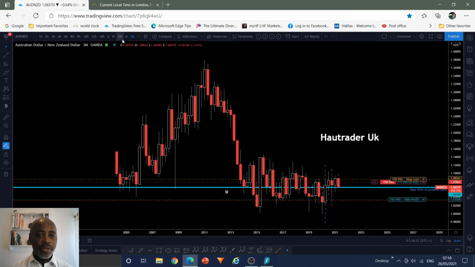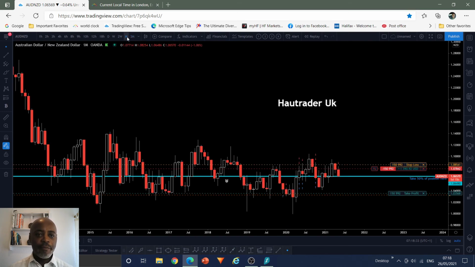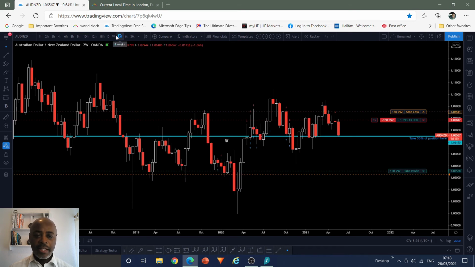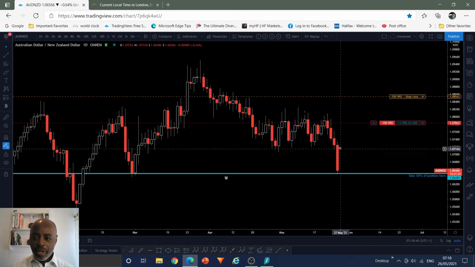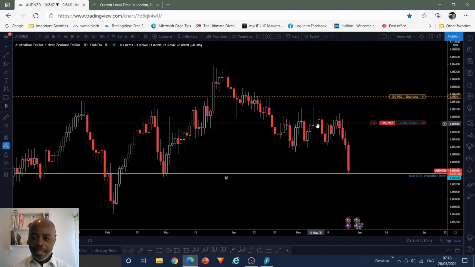So let me go down to the monthly chart. Just go down the time frames slowly but surely, and let's get to the daily chart. What you can see here is this little red arrow denotes where I entered this trade. This bar here is the bar that I entered, and I sold this market.